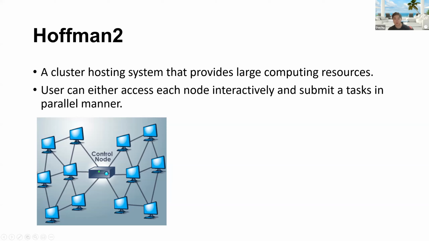What's important is the control node, the master node, which sends the commands to each of these nodes. This is a shared computing resource, so depending on how busy they are, you may get a node or you may not. But hopefully each one of you can get a node for this workshop.